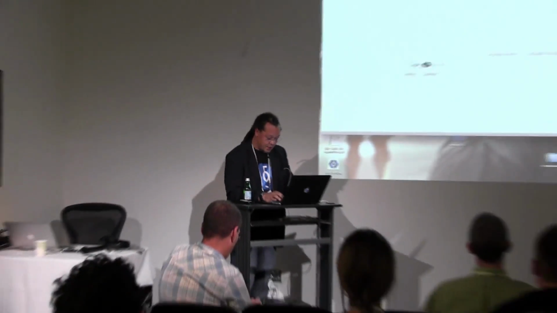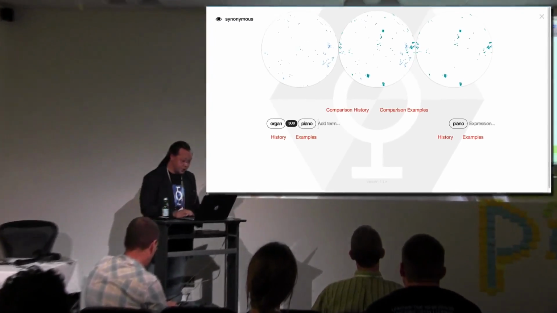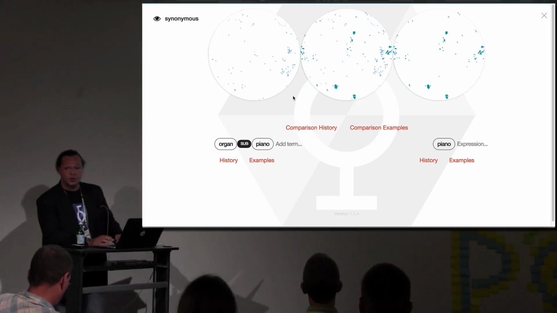So what can we do with these representations? We can compute things, like we can add and subtract. We have a binary representation, we use Boolean operators. And I can, for example, now subtract piano. That's the one I've compared before. And I see that here, in this area, there are still points remaining.